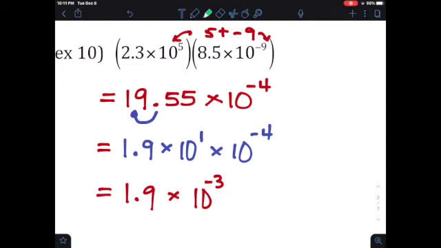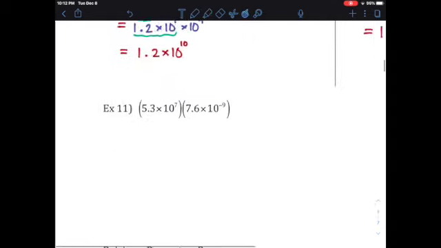And 10 to the negative 3 is coming from those two, and 1.9 is from here. So 19 becomes 1.9 times 10 to the first power.